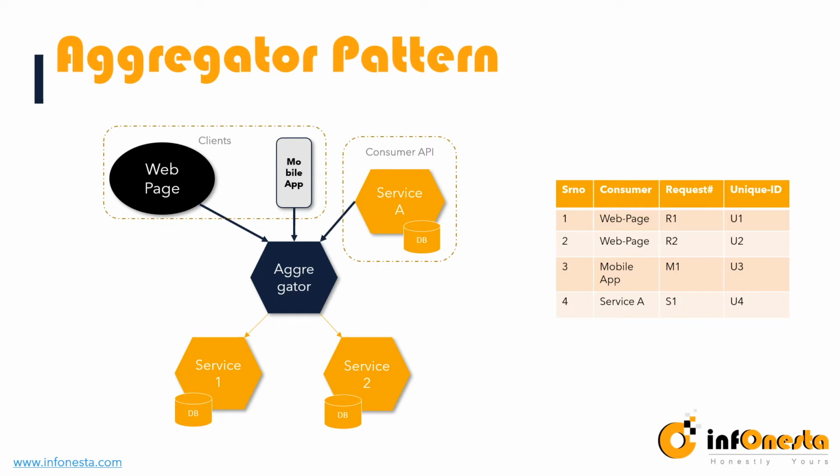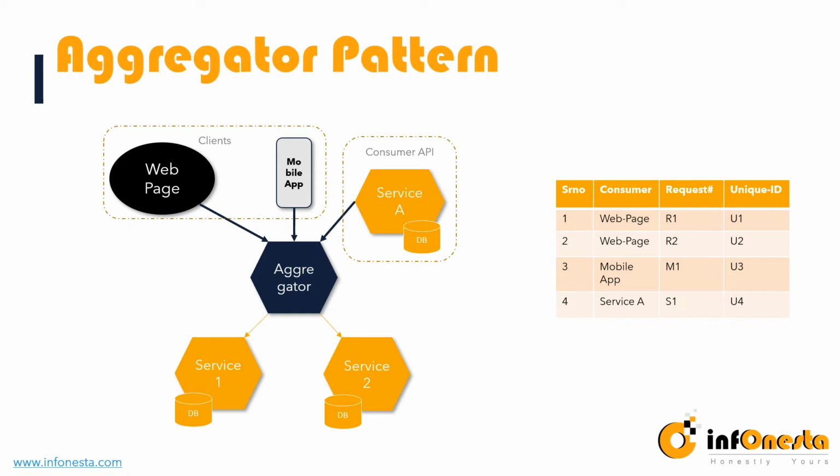The request and response mechanism are asynchronous. So aggregator can handle multiple requests and it keeps track of its responses by using a unique ID. And it resyncs the parallel calls before responding back to the clients or consumer service.